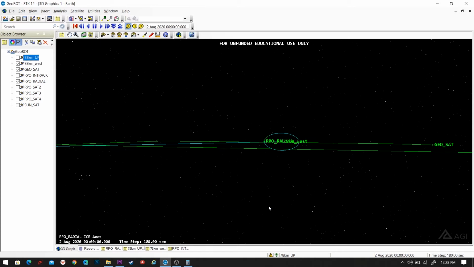Next rule of thumb we're going to use is that a 2.84 meters per second radial burn produces a semi-major axis NMC of 78 kilometers. So now we're going to use this rule of thumb to figure out what is the halfway point between us and GeoSat. Another way you can think of the radial rule of thumb is that a 2.84 meters per second burn produces a 156 kilometer wide NMC.